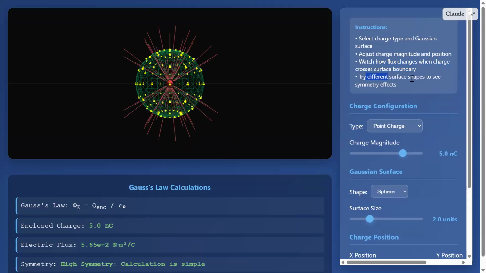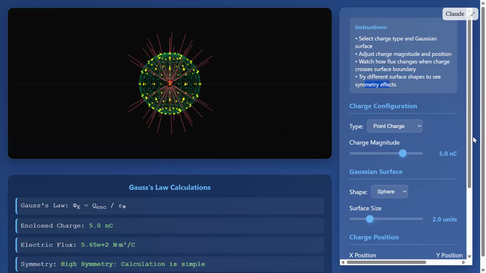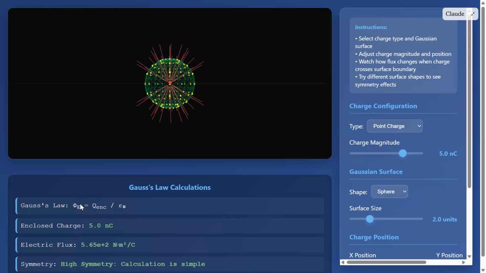Try different surface shapes to see symmetry effects. First of all, here you can see the formula, Gauss law, phi E equal to Q enclosed by epsilon naught.